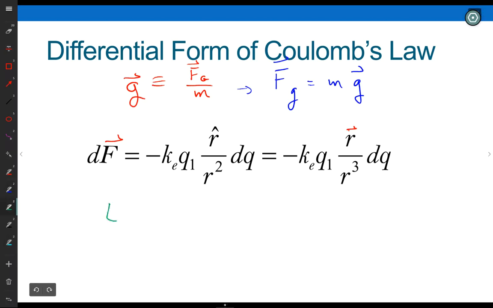By the way, we call the electric field capital E. So the electric force field is equal to, what should it be? Looking at the gravitational force as your guide.